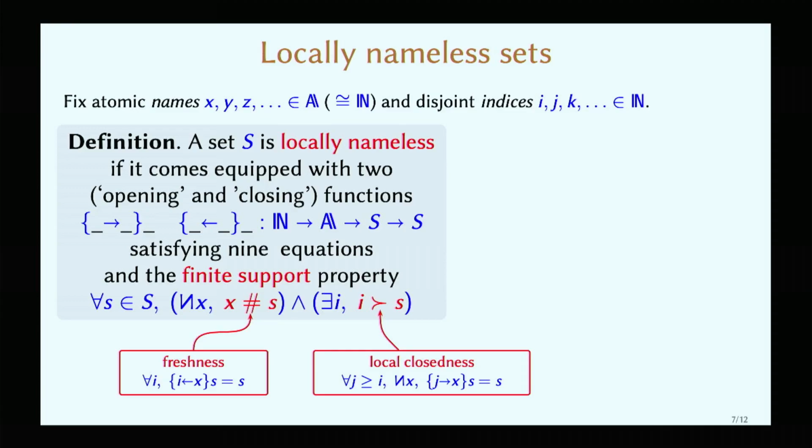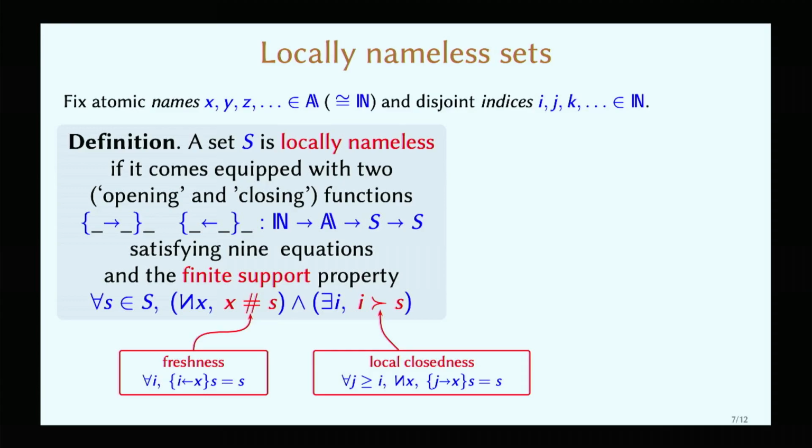But then an abstract set is locally nameless if it comes along with two functions of this type to give you opening and closing operations for a given index and a given name, satisfying some equations, which I'll show you in a second, and crucially with the property that every element of the set is finitely supported.